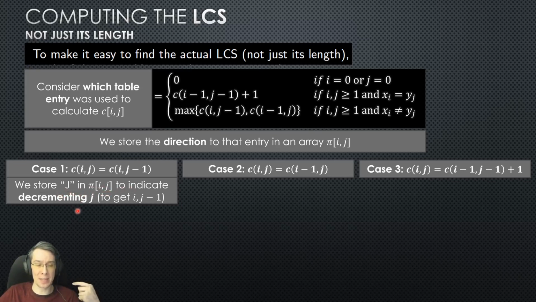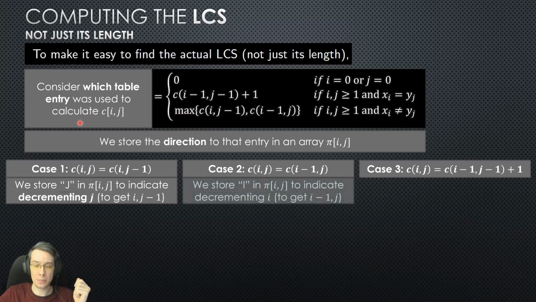So j just represents decrementing j to get [i,j-1]. We could store this in any number of ways in the predecessor array. I'm just picking an arbitrary way. I'm just going to store the string j, and when we do our backtracing, when we see the string j, we're going to know that we should decrement j by 1 to get to the previous entry that was used to calculate this entry, C[i,j].